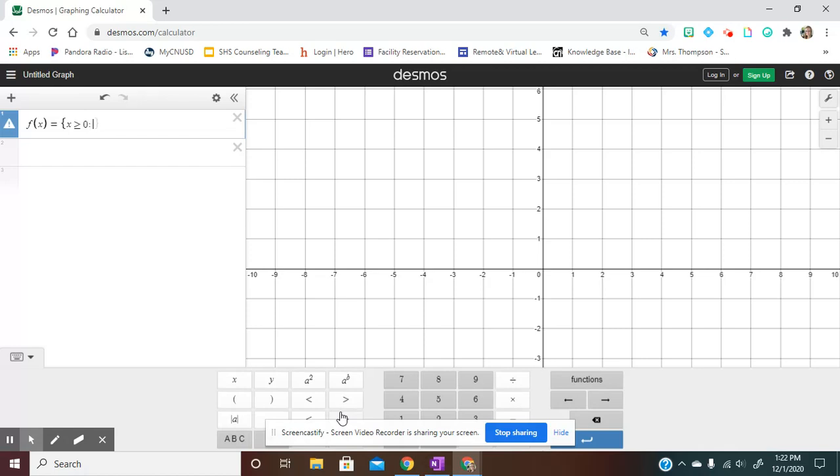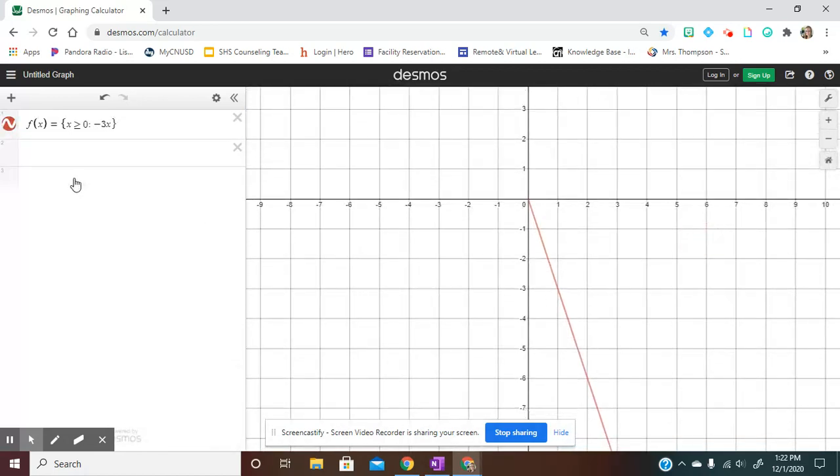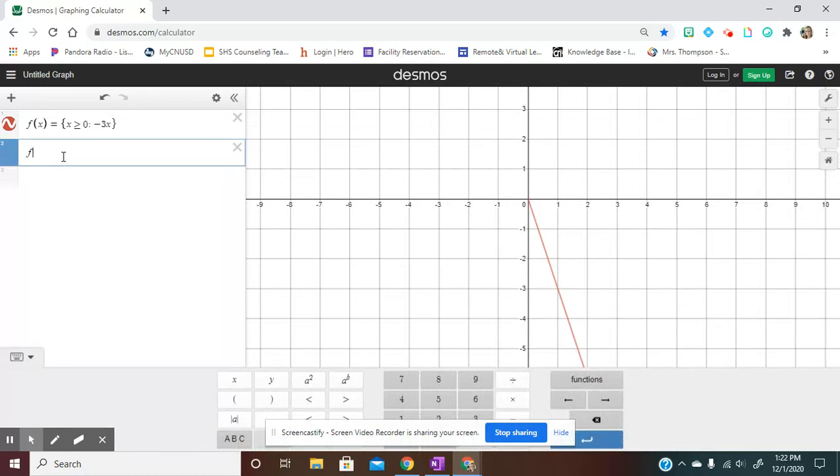oh, which way did it go? Greater than was negative 3x. So that would be only part of my function, and then I would do it again. x is less than 0 for when the function is 3x.